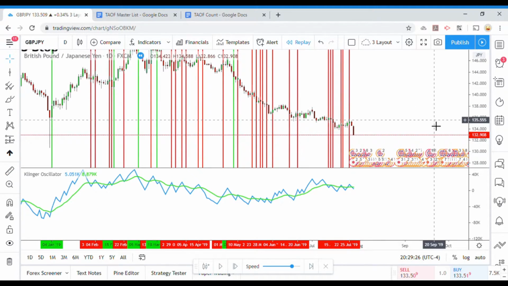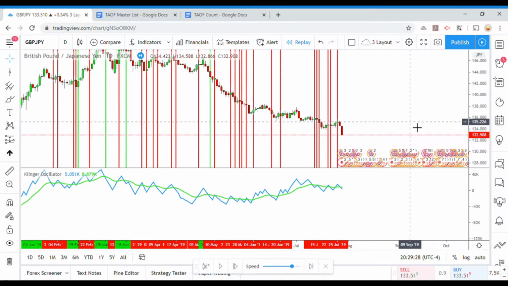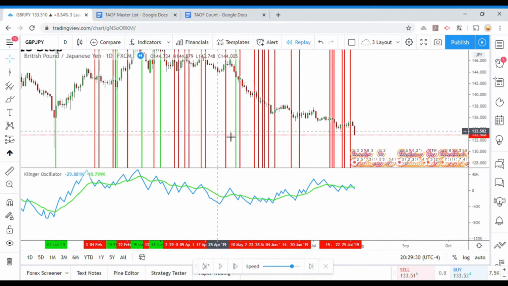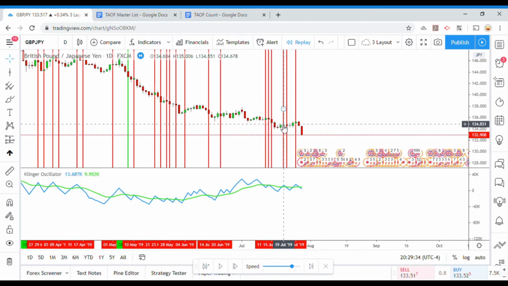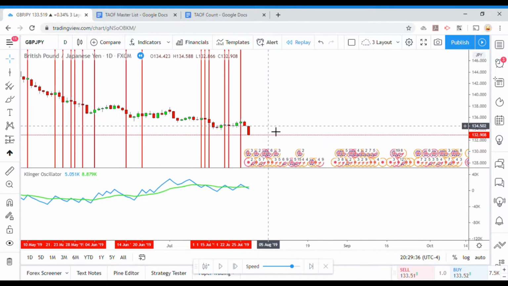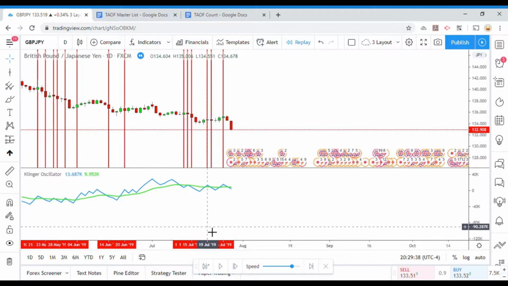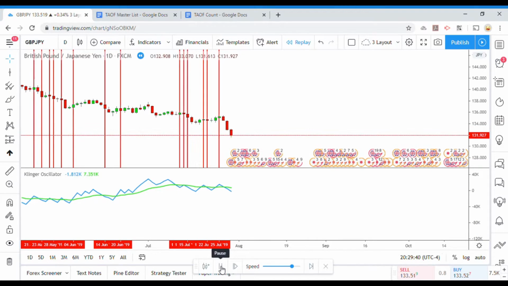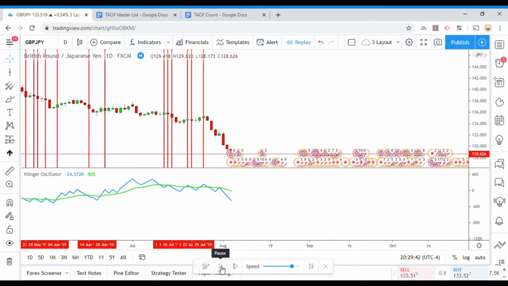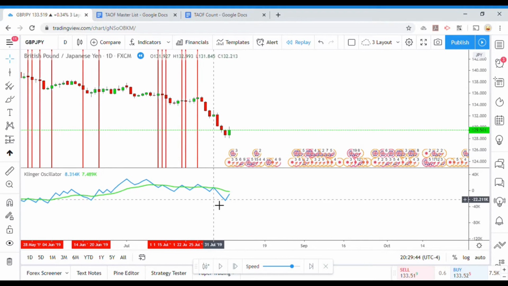I mean, at this point, guys, I don't even know if there's a reason to continue on with this thing. Wow, this is just an absolutely horrendous indicator. I am truly astounded.